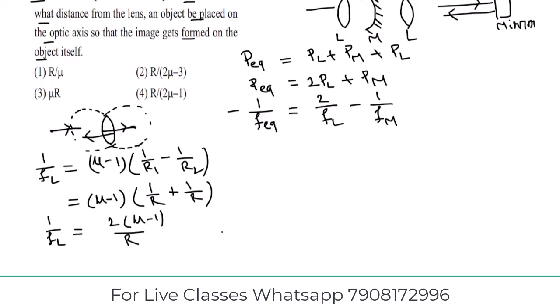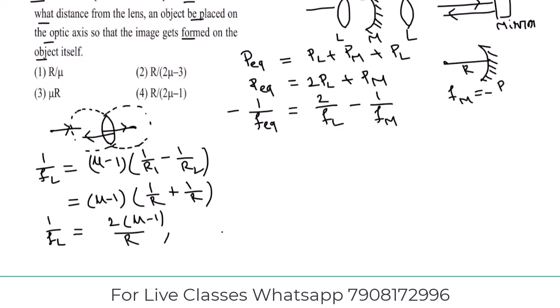And now the focal length of the mirror. So for the mirror of radius of curvature r, the focal length fm is equal to r by 2.